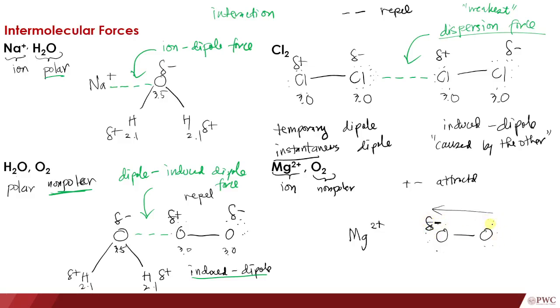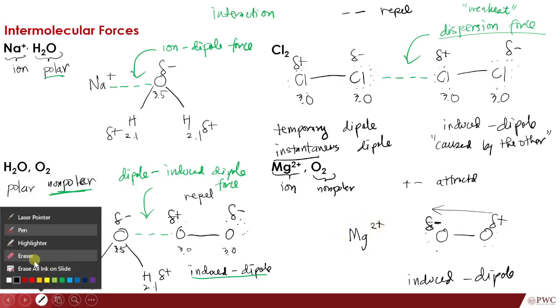This side, with fewer electrons, becomes partially positive. So this has now become a dipole, caused by this ion, so this is also an induced dipole. This is partially negative and this is positive, so there is a point of attraction.